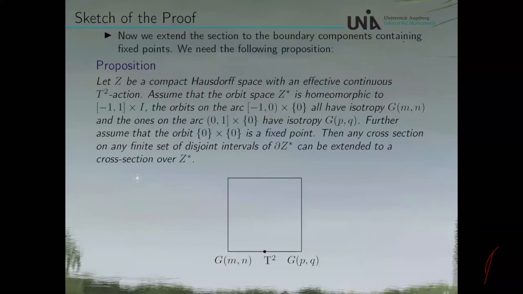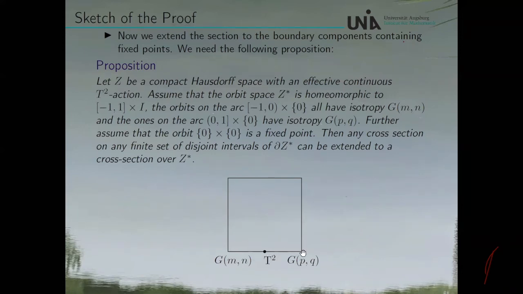This proposition says that I have a compact Hausdorff space with an effective continuous T2 action, and the orbit space is a rectangle. And on one side, I have a fixed point. On this side, the points to the left of this fixed point correspond to those orbits with isotropy groups GMN.